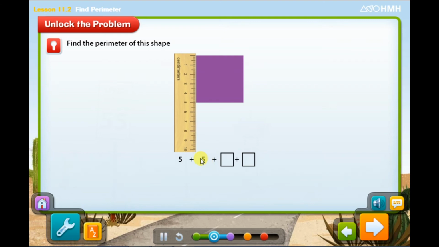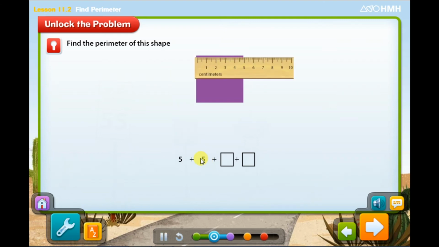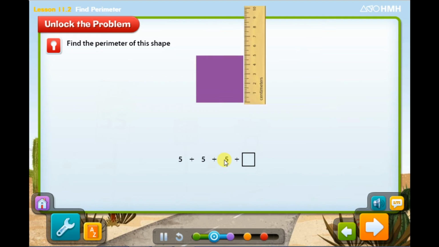This side is 5 centimeters too. Now measure the top. It should also be 5. The top is also 5 centimeters. Now measure the right side. Without measuring, it's 5. The right side is 5 centimeters too. Each side of the shape is 5 centimeters long.